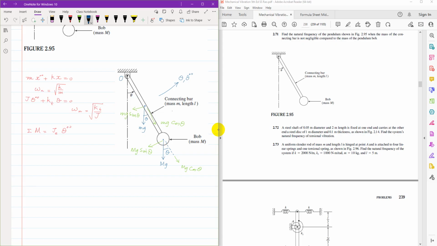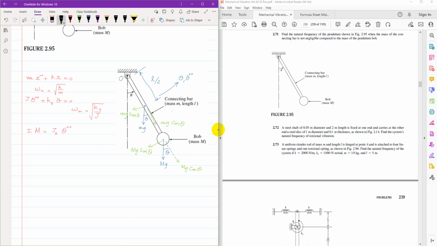Then this lowercase mg sine theta is acting at a distance L over 2, so the moment is mg sine theta times L over 2. That moment is opposite to the direction of motion, so it will be negative.